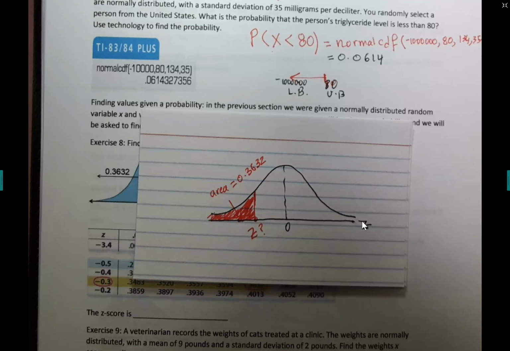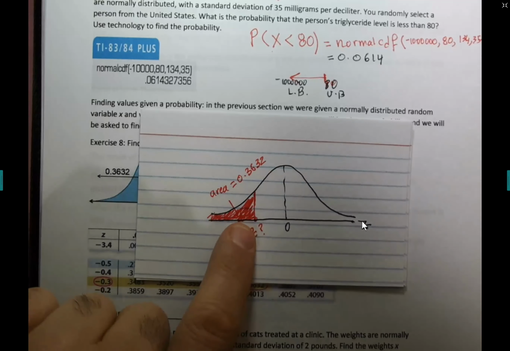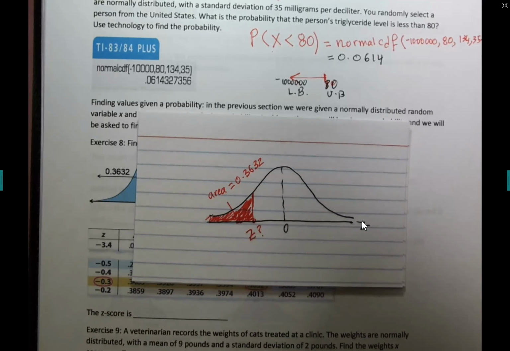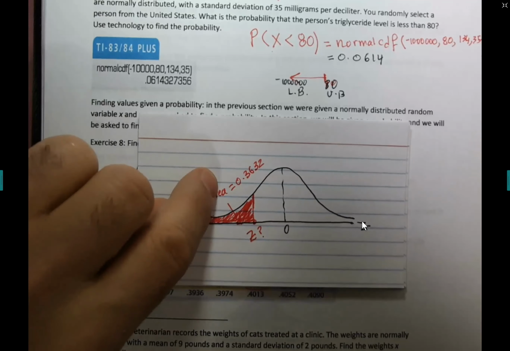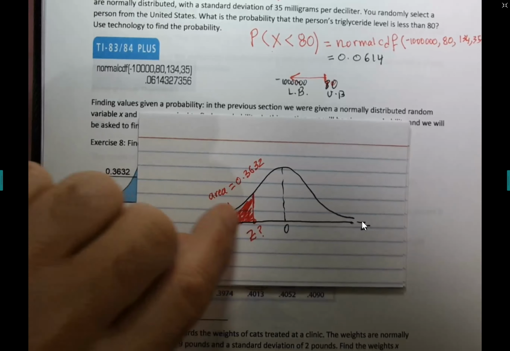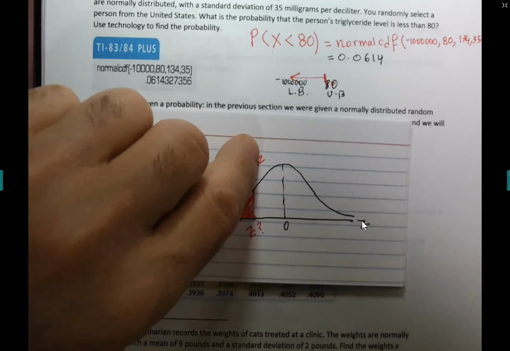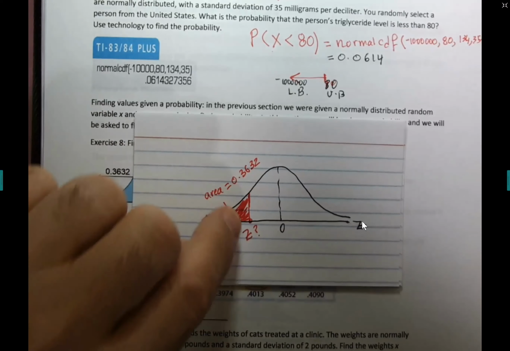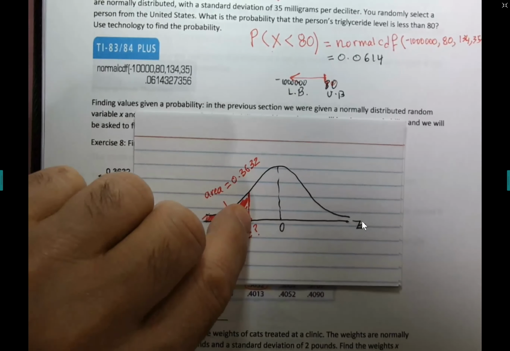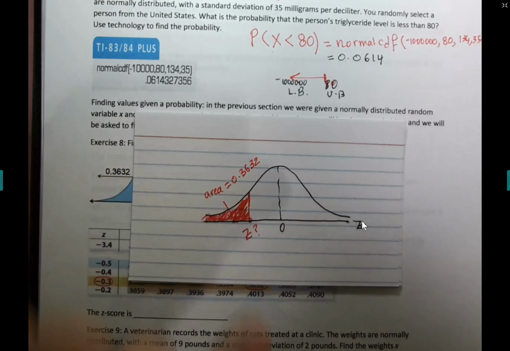Now look what I'm going to do. I'm going to give you the area. So I'm going to go backwards. I'm going to give you the area to the left of the Z score, which is 0.3632, this area in red, and I'm going to ask you to find the Z score. That's what we're going to do.